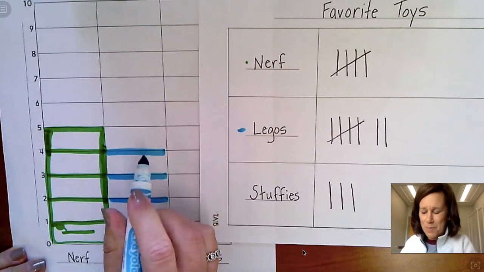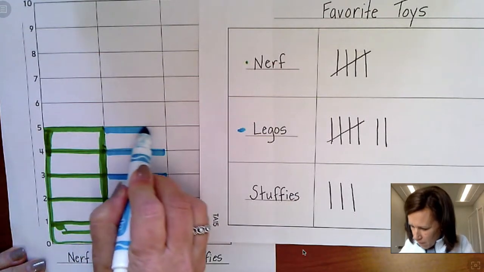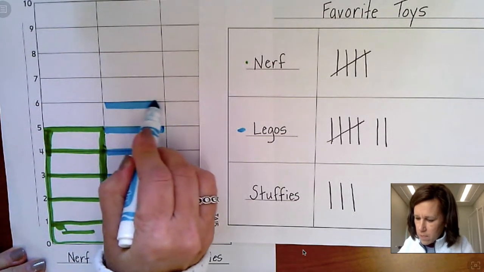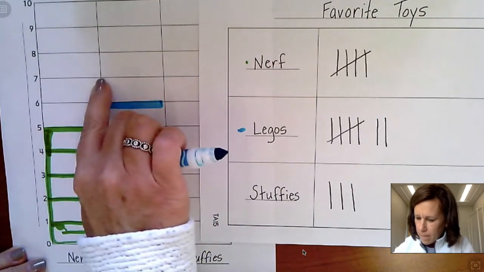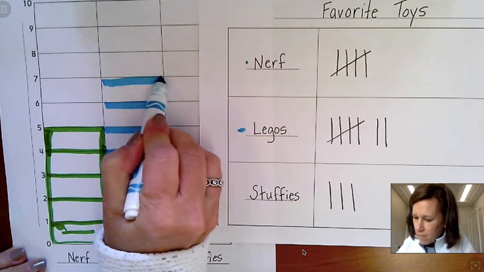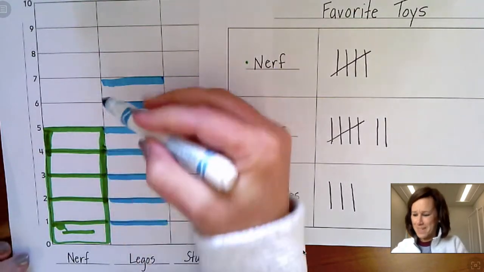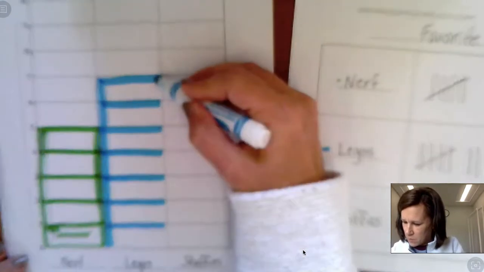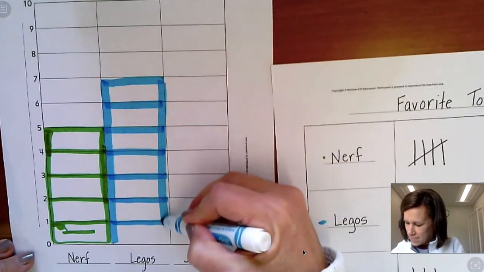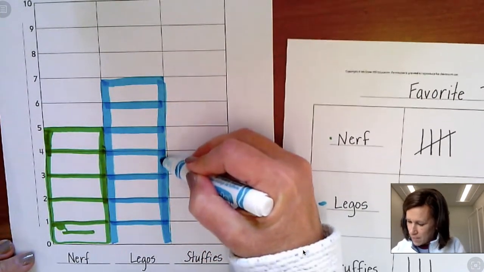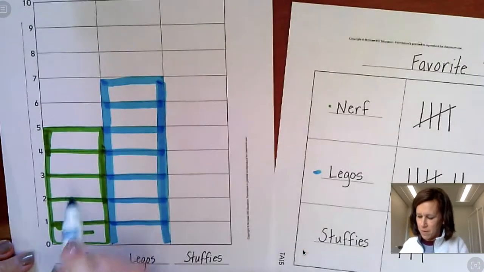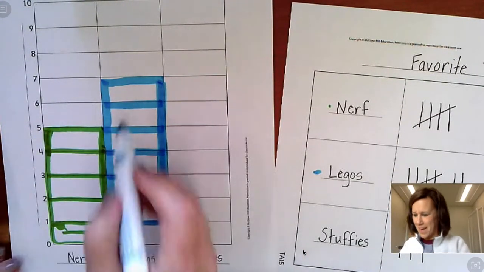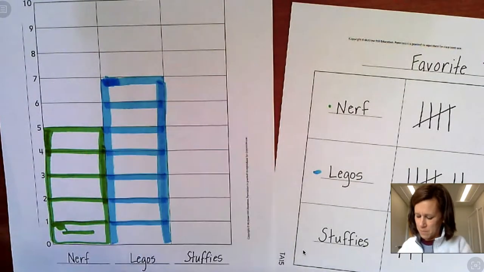Tell me when to stop, okay? 5, 6, 7. Did you say stop? You're right. I'm going to color those in because that'll be my next bar, won't it? Oh, you can already see that there were more kids that chose Legos as their favorite than Nerf because it went taller, right? I see that too. Color that in a minute.